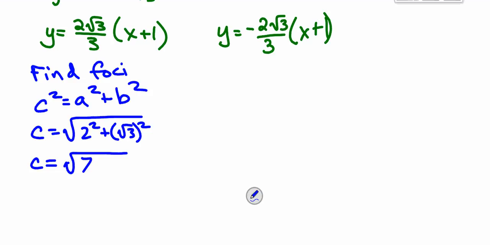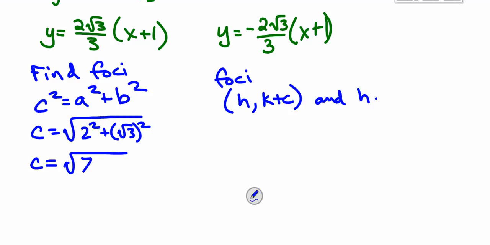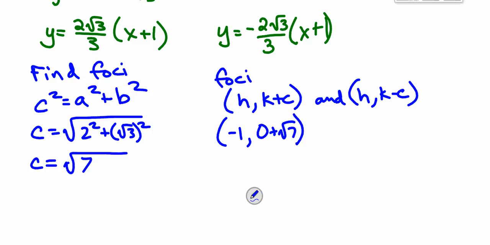And then our foci are at h comma k plus c and h comma k minus c. And so h, if you remember, is -1, comma 0 plus the square root of 7, and -1 comma 0 minus the square root of 7.